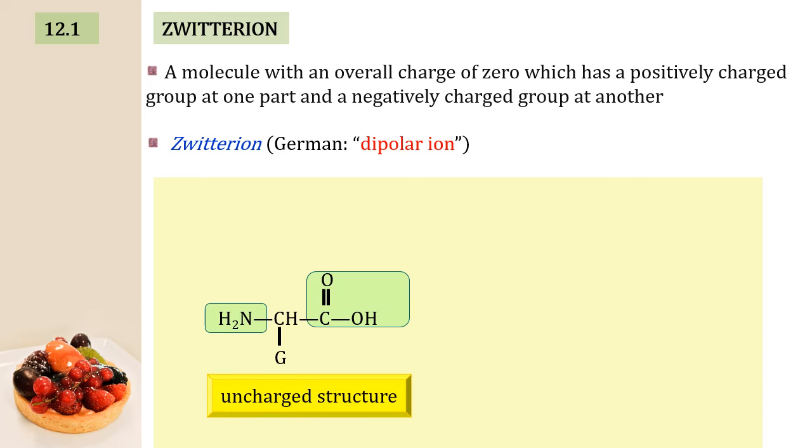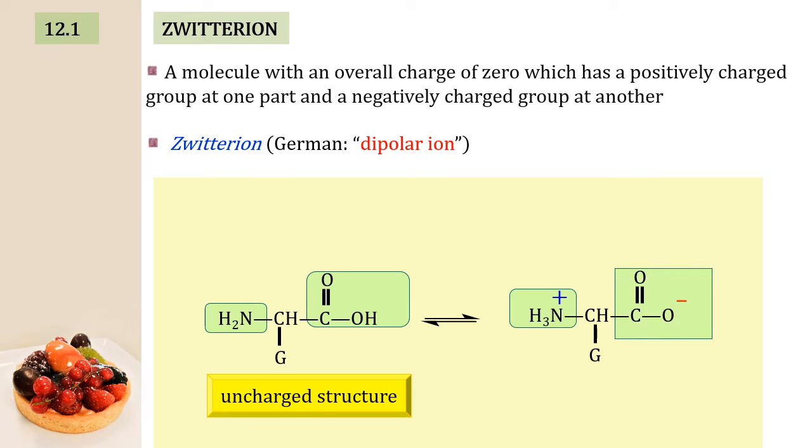This is the uncharged structure. To form the Zwitterion, which is a dipolar ion, the amino group will be protonated to NH3+, which is an ammonium ion, and the carboxyl group will be deprotonated to form a carboxylate ion.